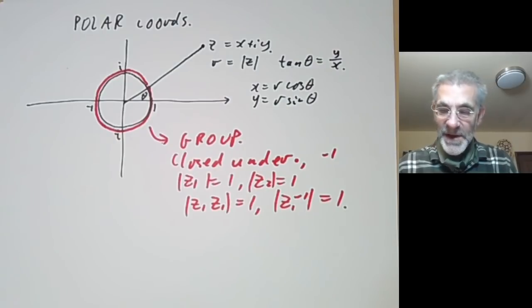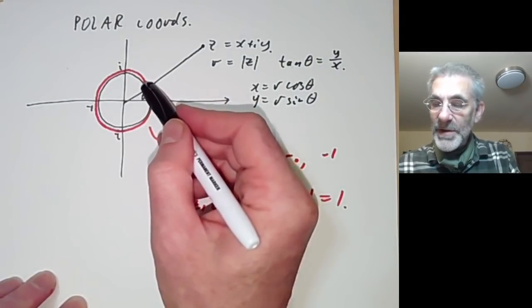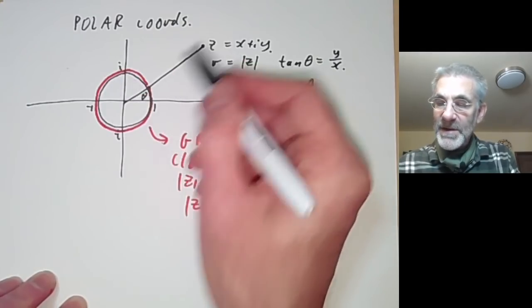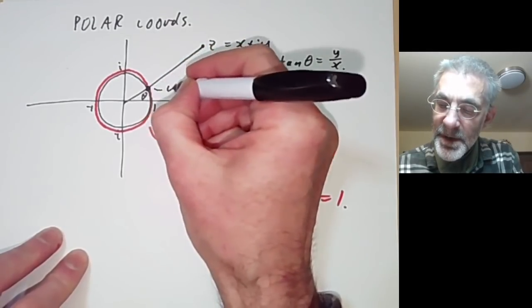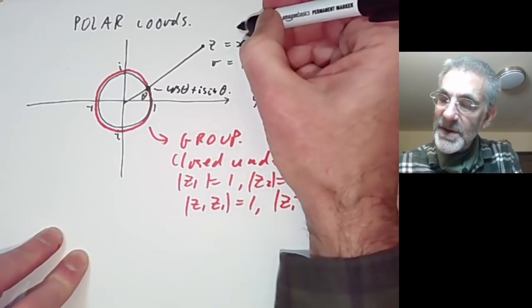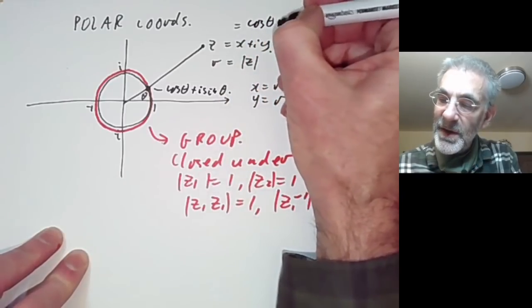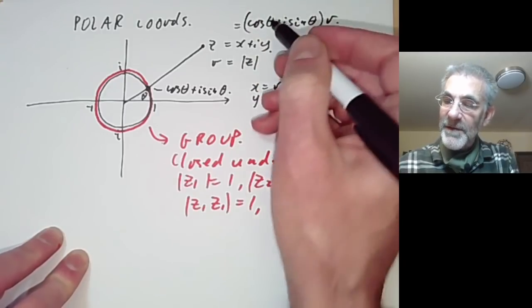And we also see that any complex number z can be written as a point on this circle group times a positive real number. So this point here is going to be cosine theta plus i sine theta, and the number z is equal to cosine theta plus i sine theta, all times its absolute value r.